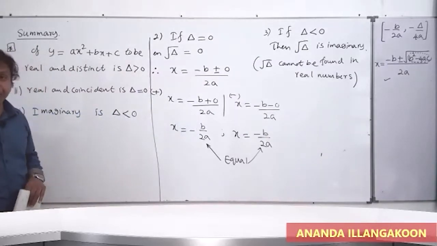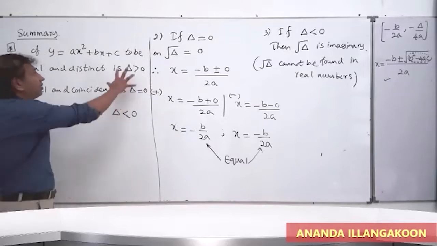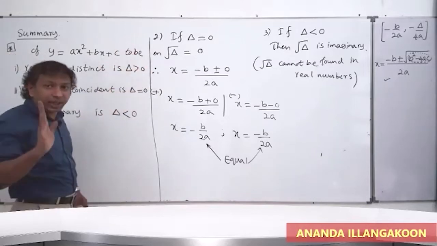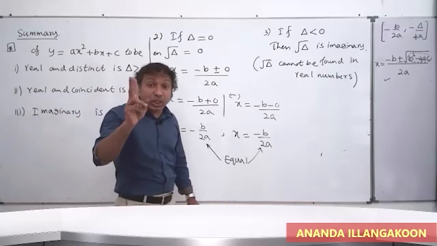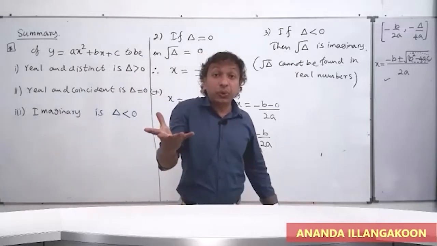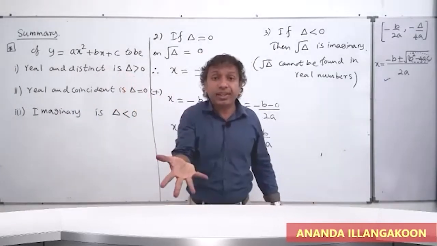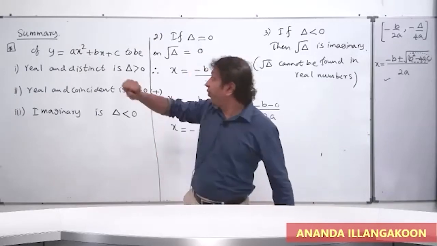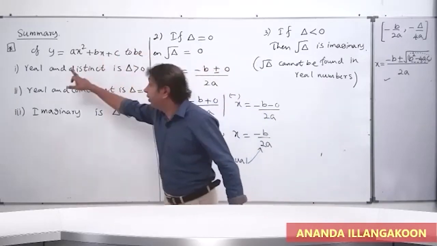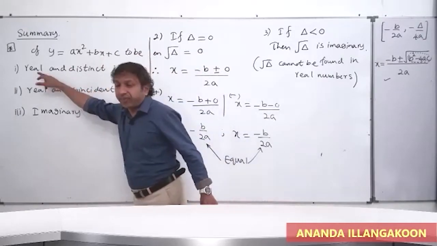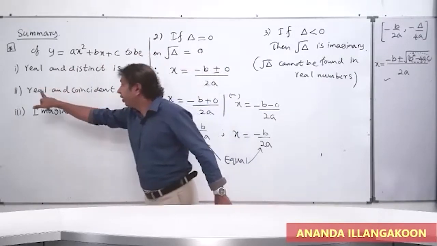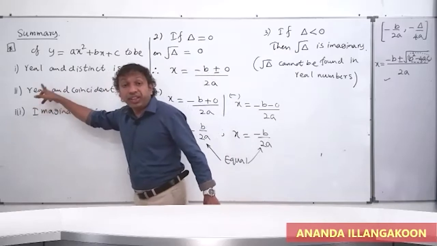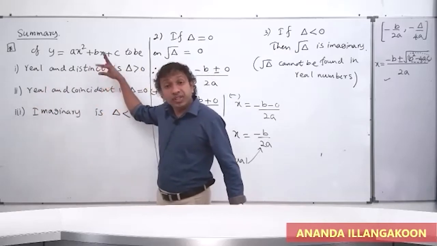People, then by observing this, can you tell me at what occasions the roots of this function become real? There are 2 occasions. When delta positive, real roots come in. Delta 0, real roots come in. In this case, the roots are distinct, different.